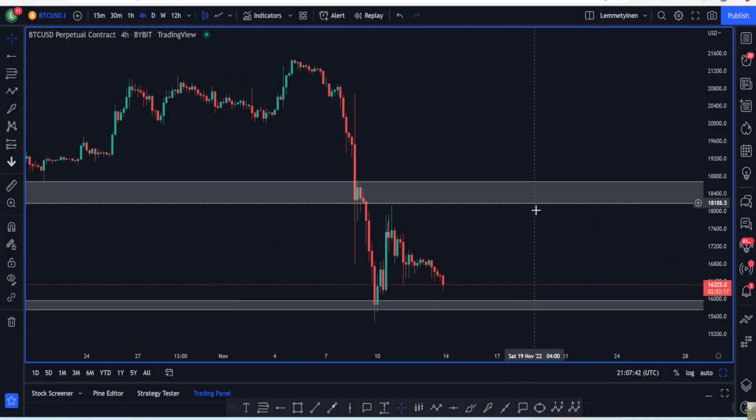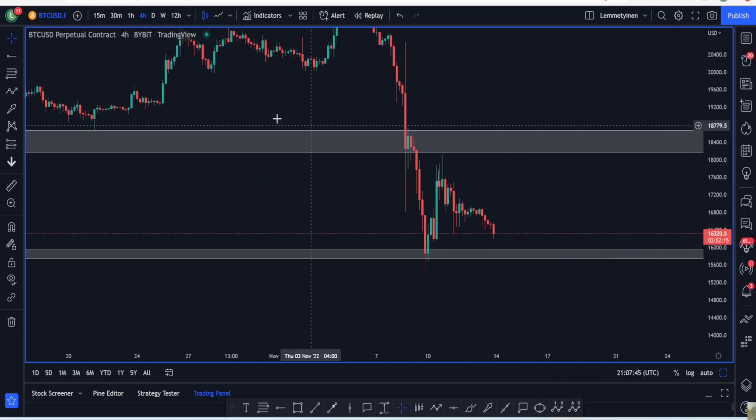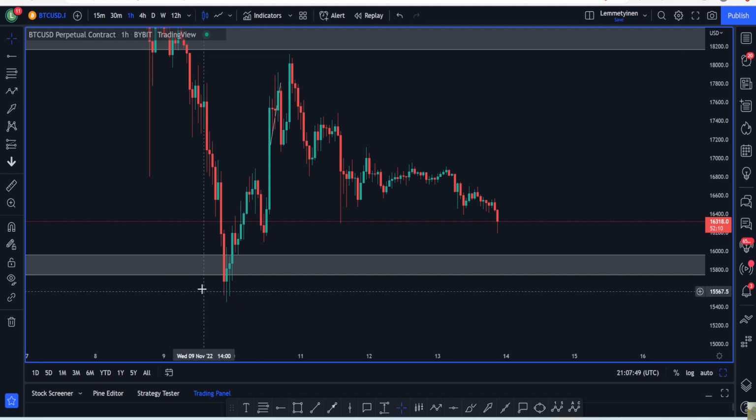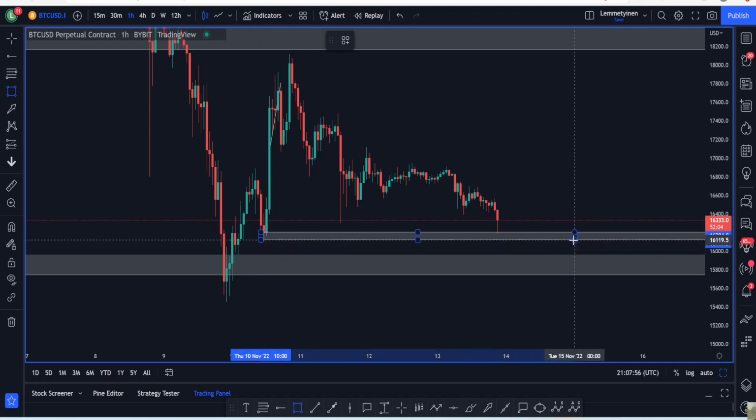When we go to BTC, we can see that the market continues to be extremely bearish at the moment, and we can use a previous support that we have around 15,800, but I also want to use this level around $16,200.